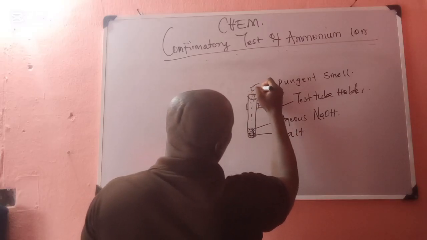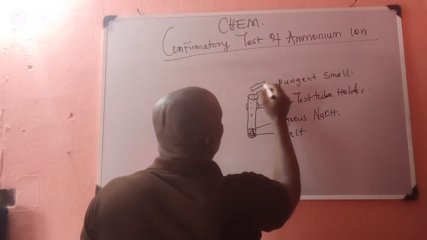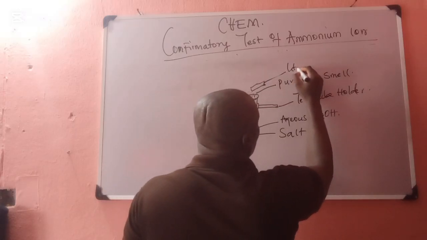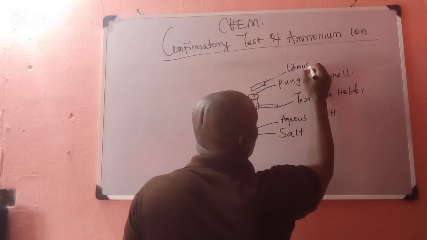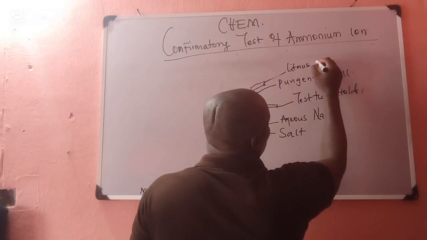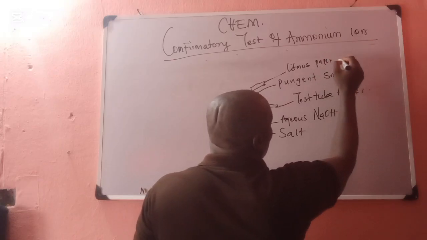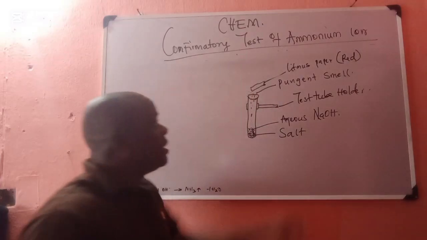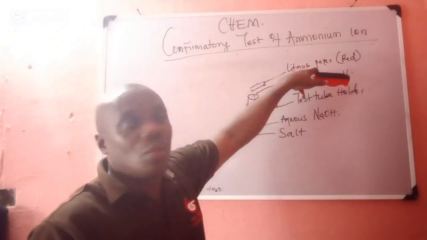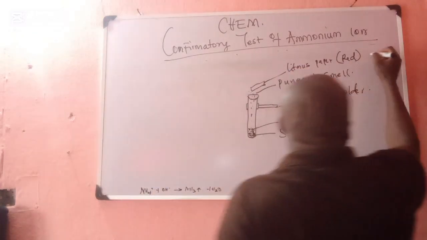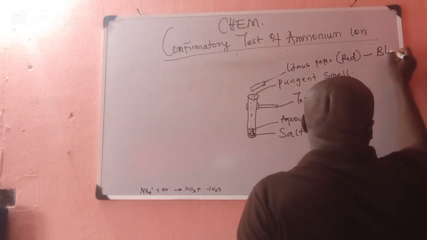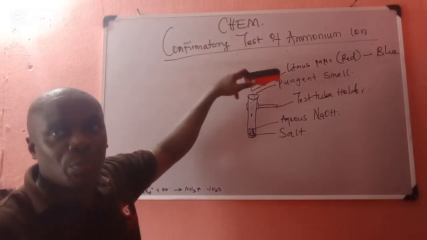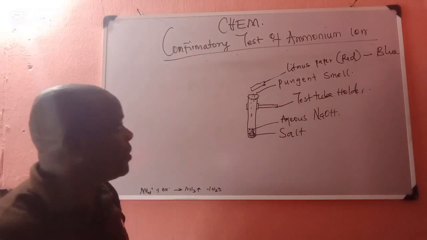Let's take this to be our litmus paper, a wet or moist red litmus paper. This red litmus paper will turn blue, because what is this indicating? A base.